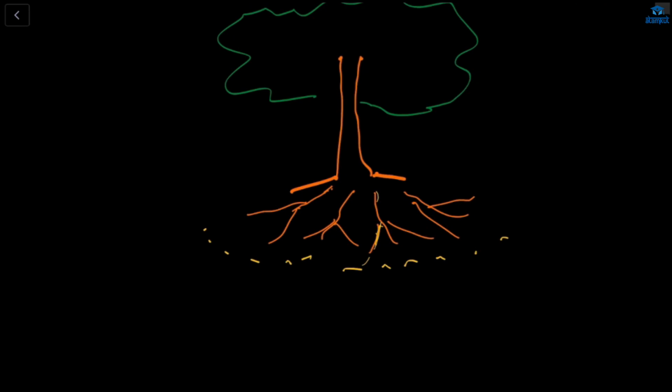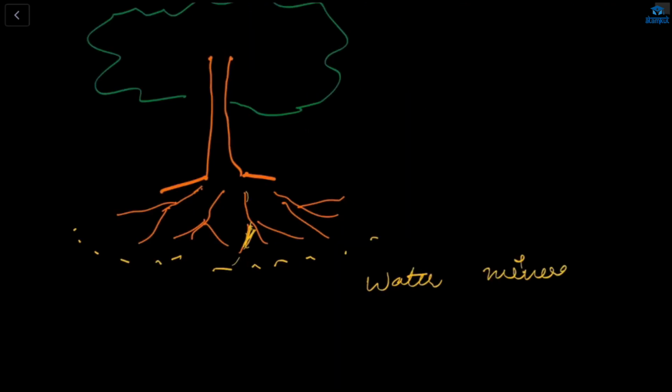Okay, so here, see, the roots, right? They are near the soil. So what do the roots do? In the soil there are many things like water and minerals, right?